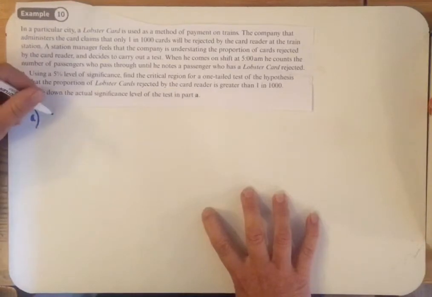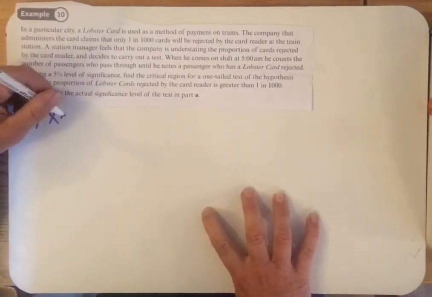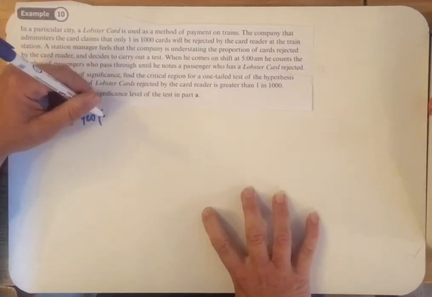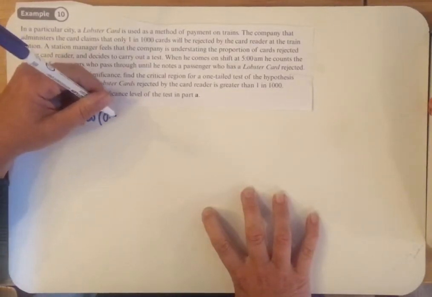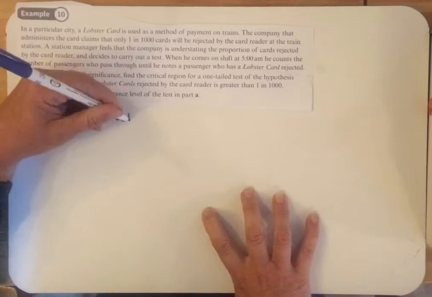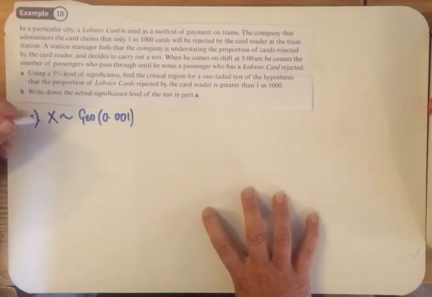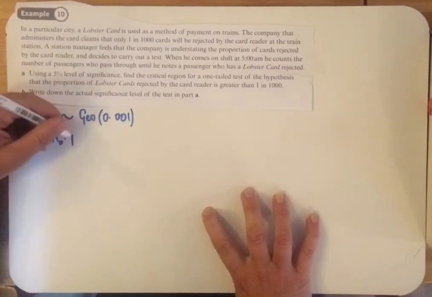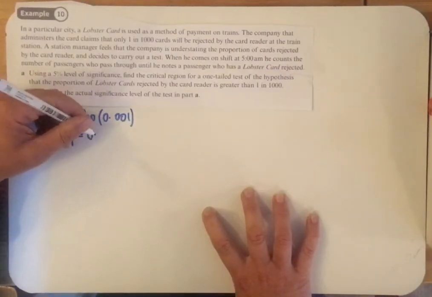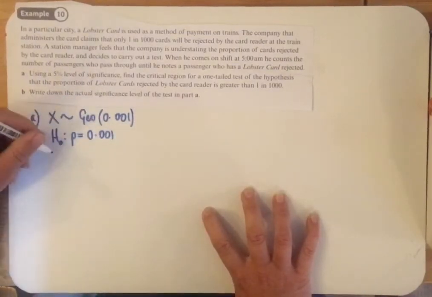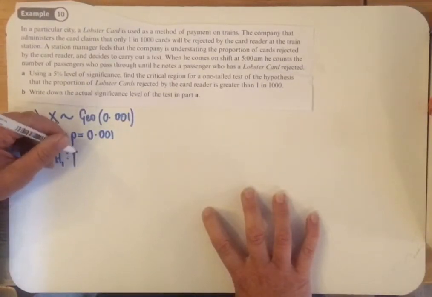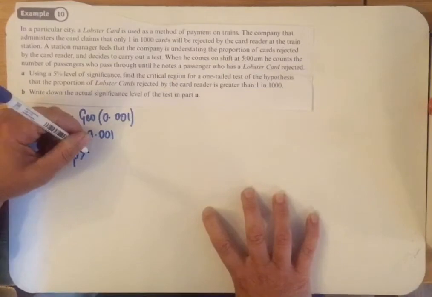So X is geometric, with parameter 0.001, and the null is at P equals 0.001, and the alternative is the station manager's belief that actually it's a bit more than that.